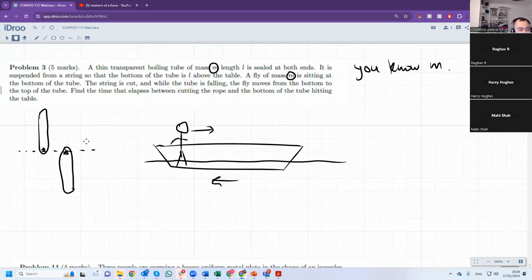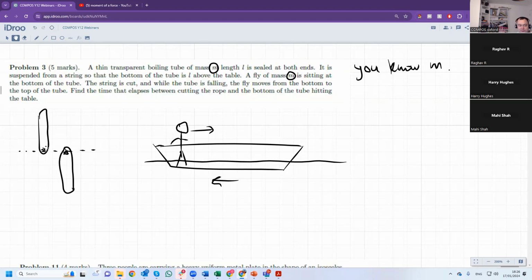So this is a vertical version of this problem, but both the fly and the boiling tube are affected by gravity. So the fly must be pushing, because the boiling tube falls in time t, right? So the fly is flapping its wings and thus pushing the tube further down, right?